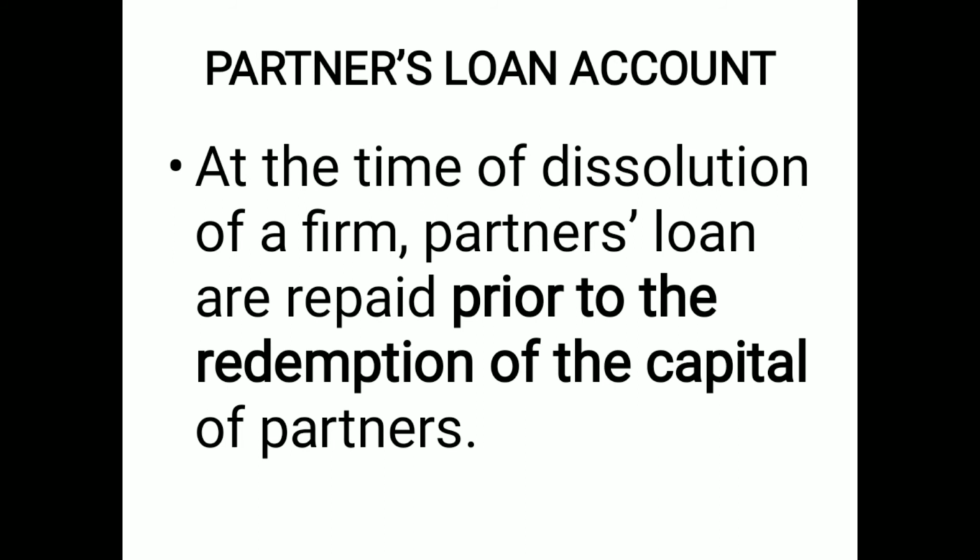The very first point said the payment of dissolution expense. The second point said the payment of liabilities. The third point said the payment of partner's loan. And if the amount is not sufficient, the amount of loan is to be repaid in the proportion of loan of partners. I have explained this in detail in the previous lecture.